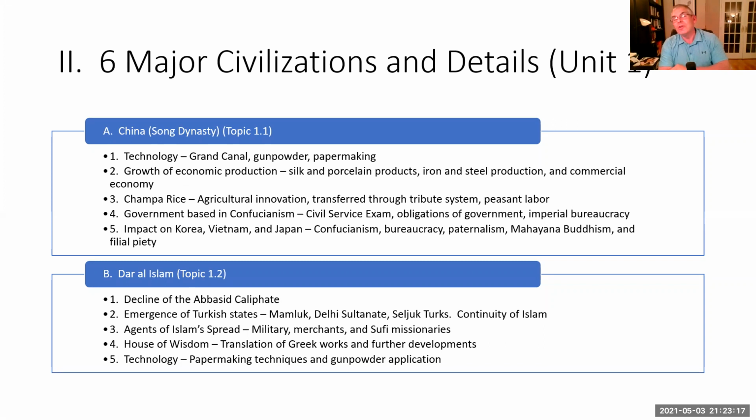The Seljuk Turks are going to come out of Central Asia and overrun Persia and other parts of the Abbasid Caliphate. But the important thing is that even though the Turkish people are coming in and establishing a new set of political governments, they are continuing the practice of Islam.